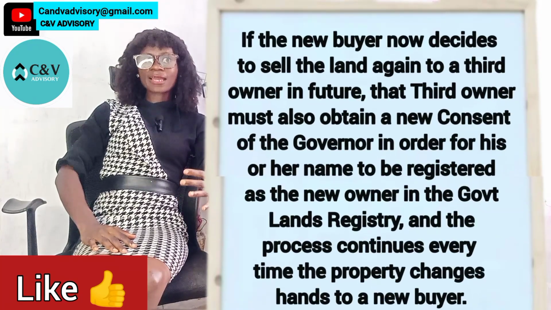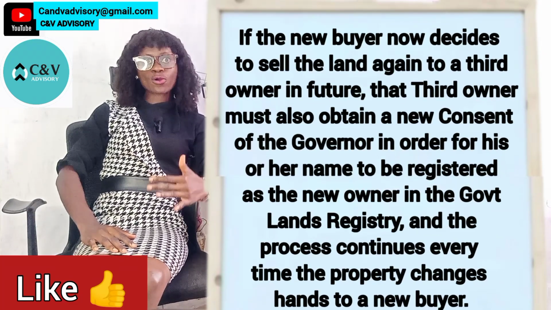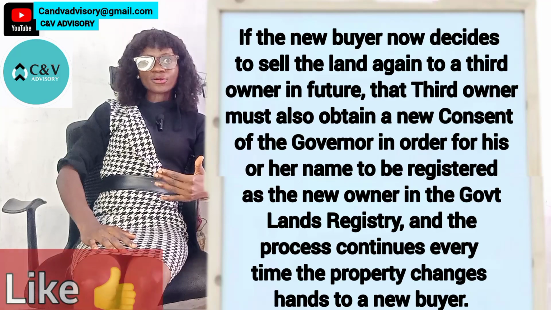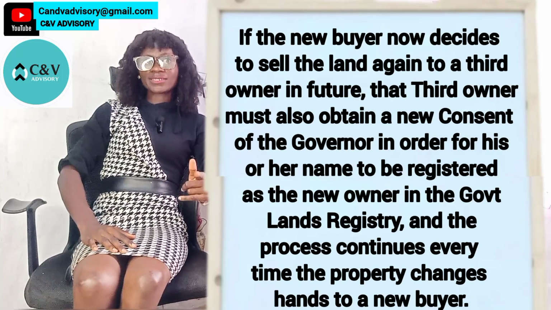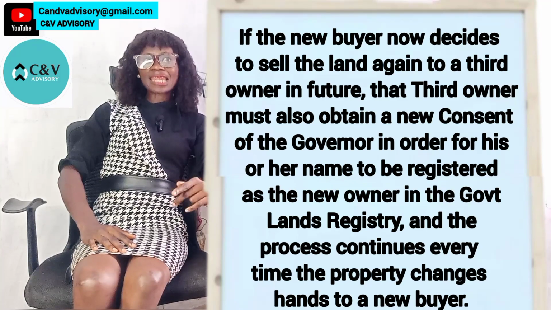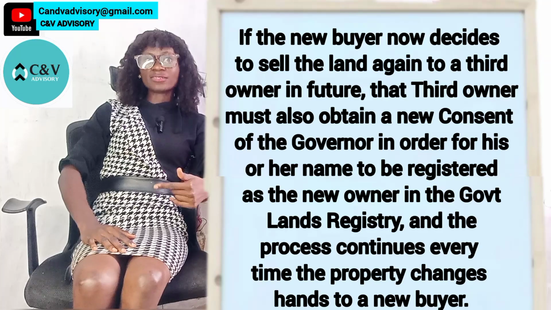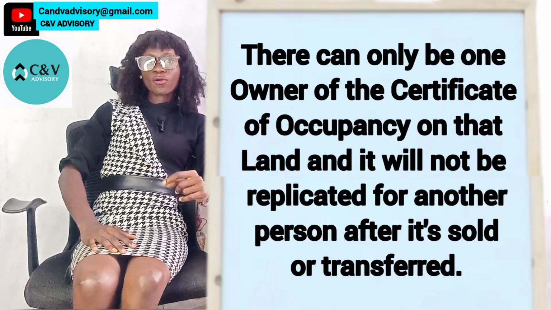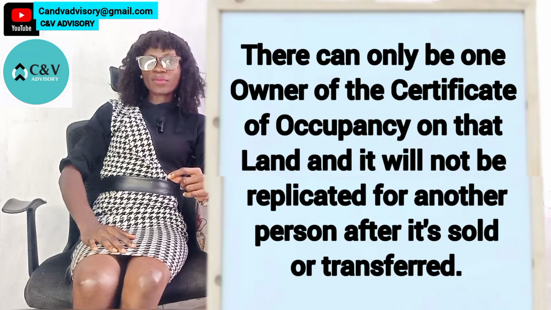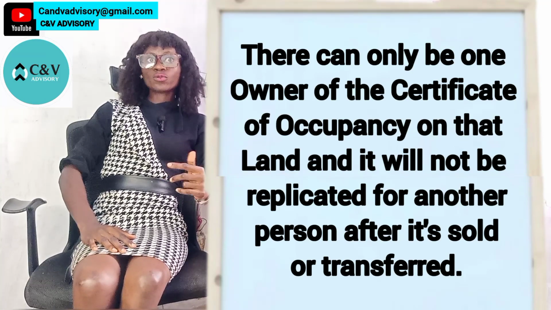If the new buyer now decides to sell the land again to a third owner in future, that third owner must also obtain a new consent of the governor in order for his or her name to be registered as a new owner in the government land registry. And the process continues every time the property changes hands to a new buyer. There can only be one owner of the certificate of occupancy of the land, and it will not be replicated to another person after it's sold or transferred.